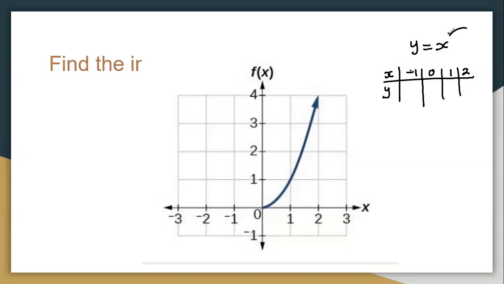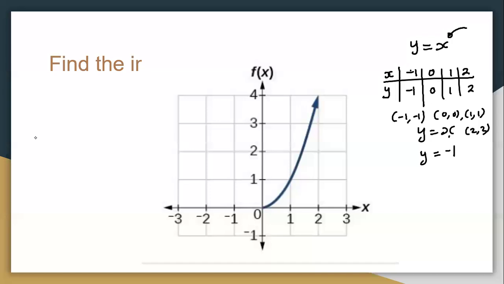When you substitute where there is x, because you have y is equal to x, you have y is equal to -1. So this is going to be -1, 0, 1, and 2. After you plot these points, you draw your reflection line. Whenever you are finding an inverse, show your reflection line.